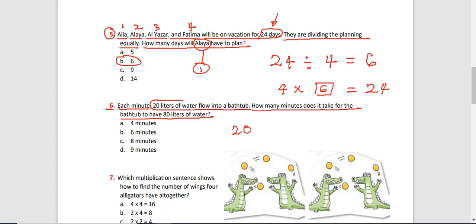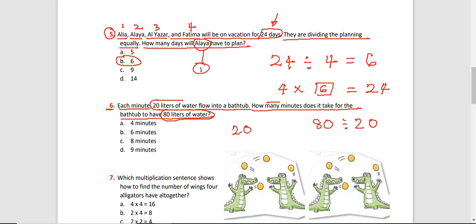But we want to calculate how many minutes it will take to have 80 liters of water. So that's going to be the total number, which is 80 liters of water, divided by the number of liters that enters every minute. So 80 divided by 20.